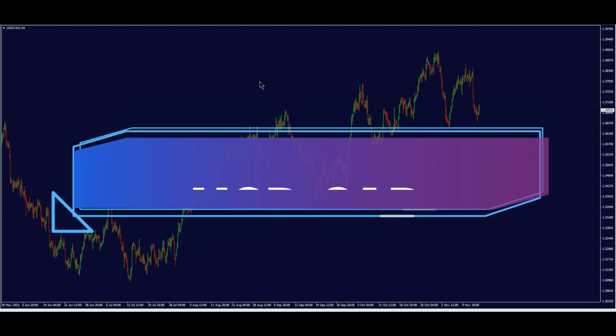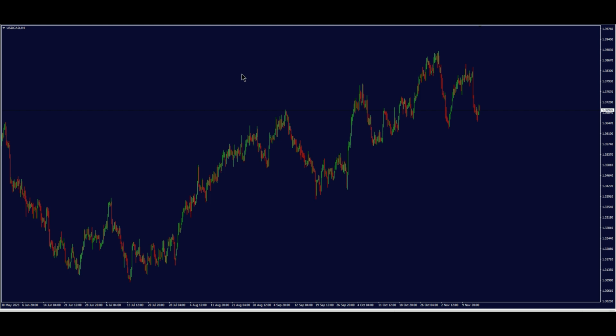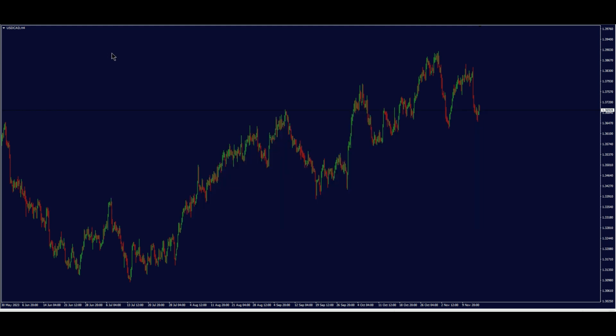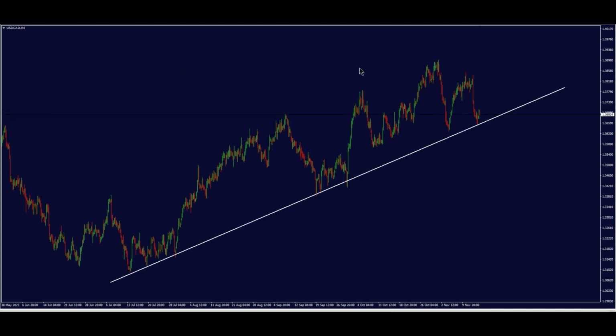This is US dollar, Canadian dollar, and this is a 240-minute chart. Let's first look at the trend line. Okay, this is our trend line for USD CAD, and this is our confirmation here.